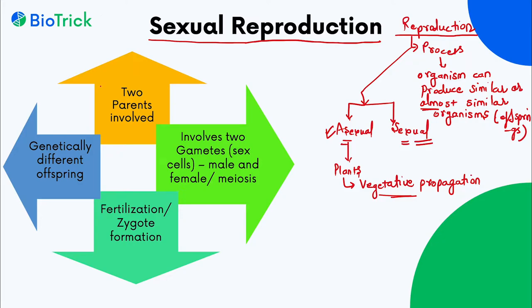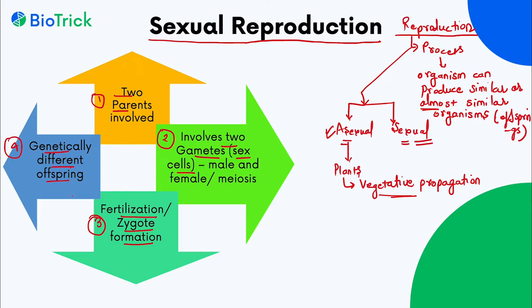The first feature is that it involves two parents. The second feature is that it involves two gametes. Gametes are also called sex cells. The third feature is that it involves fertilization and zygote formation. And the fourth feature is genetically different offsprings.